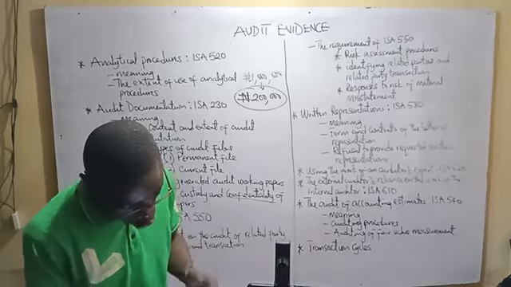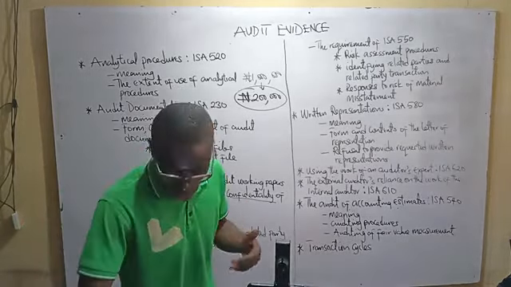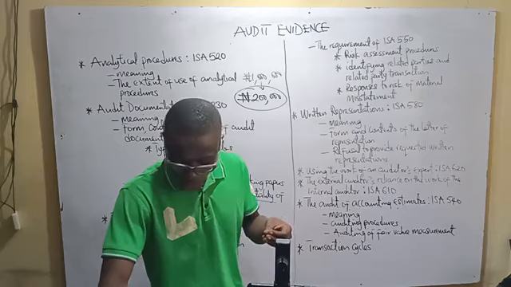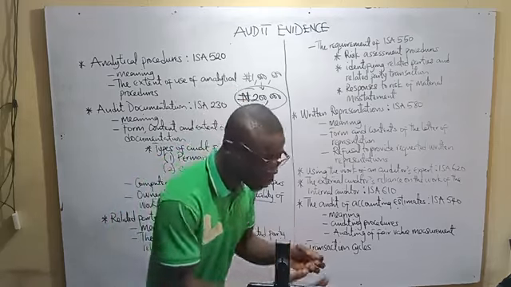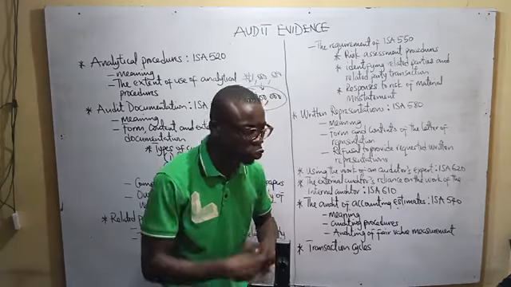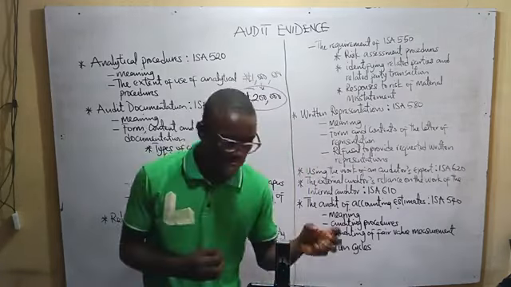Also, if possible, the auditor may check the amount of the estimate against other known facts. Can we get the amount from another source without using an estimate? If possible, the auditor will check.